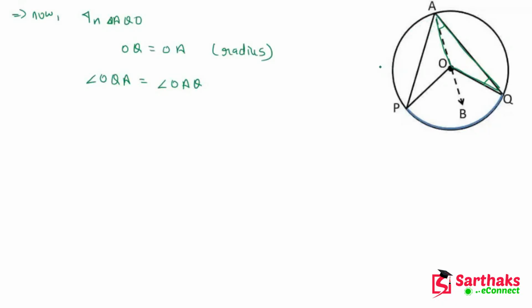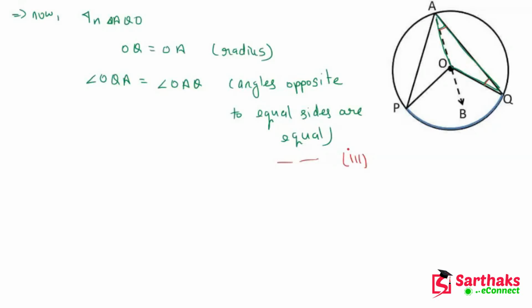These two angles are equal because angles opposite to equal sides are equal. I hope you get this point. So let's suppose this is equation number 3.